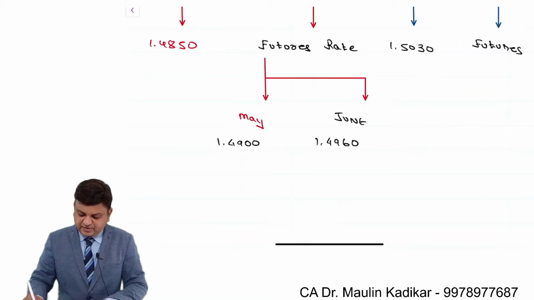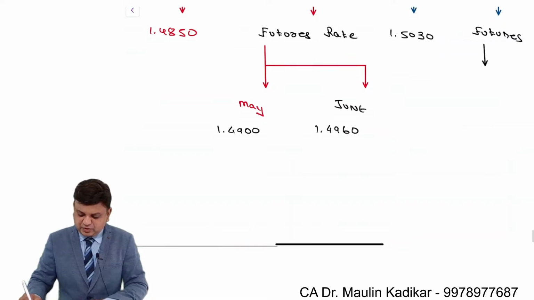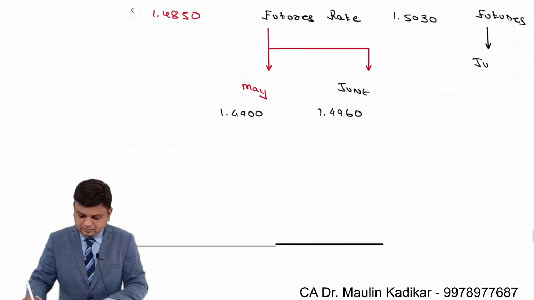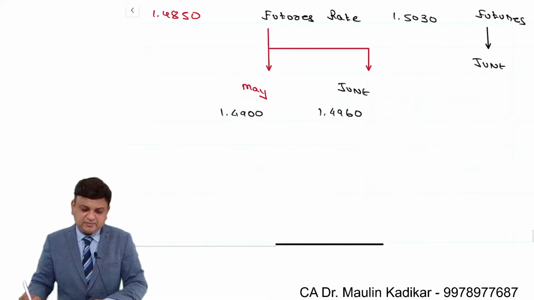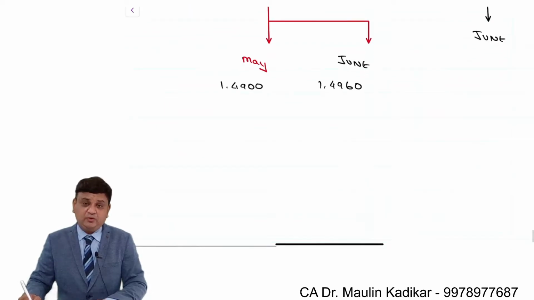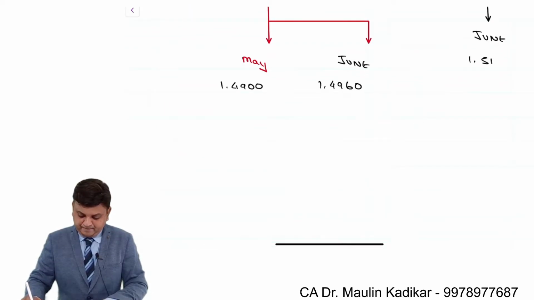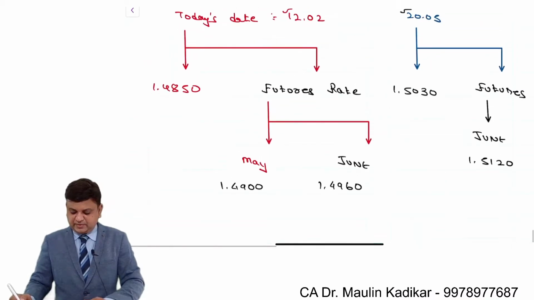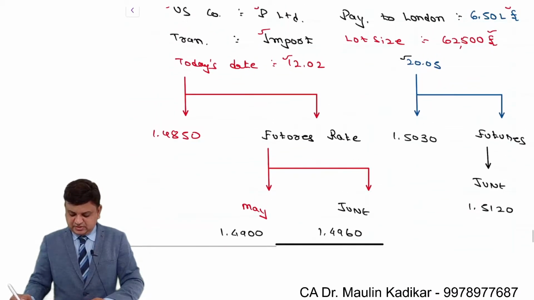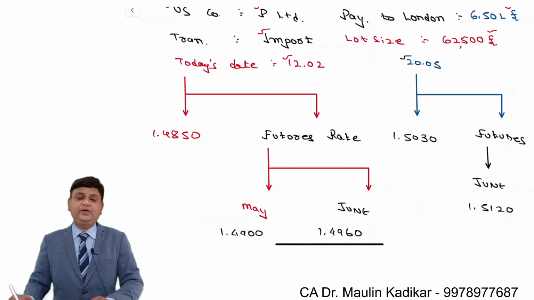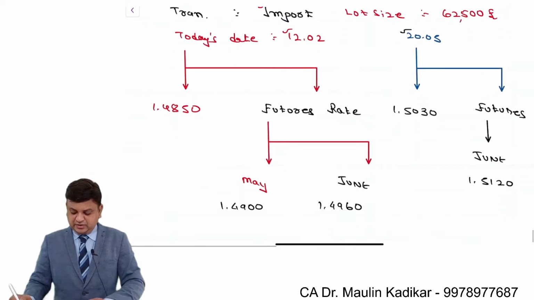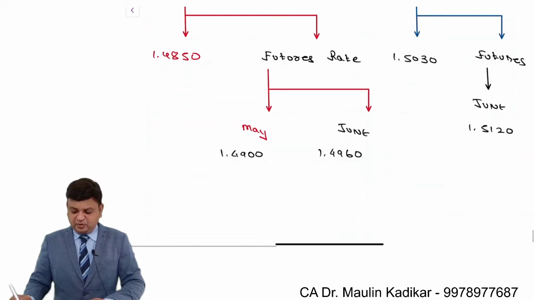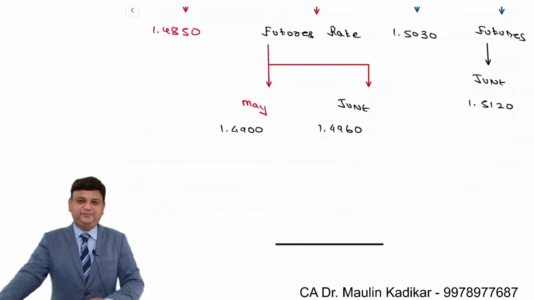However, this time the information is provided only for the month of June. It is 1.5120. Again, it is dollar per pound everywhere, so I have not mentioned it. And we are required to understand how we can use the futures contract for the purpose of hedging the foreign exchange risk. So that is what now I am going to discuss with you.